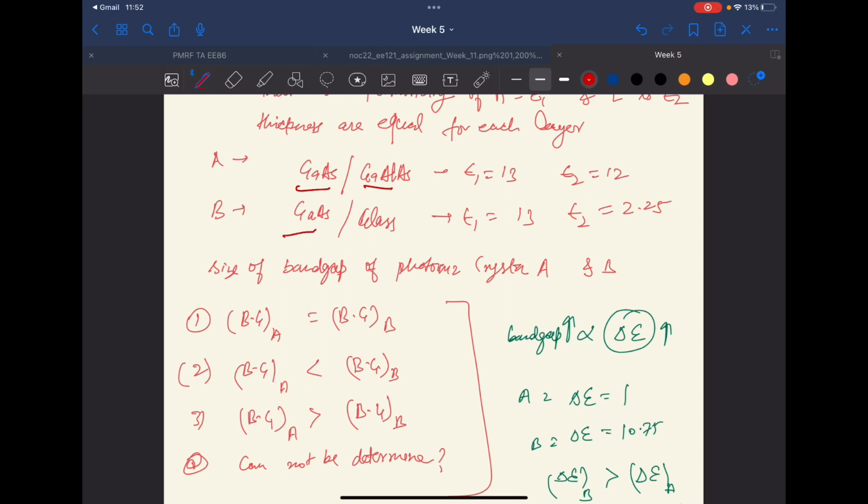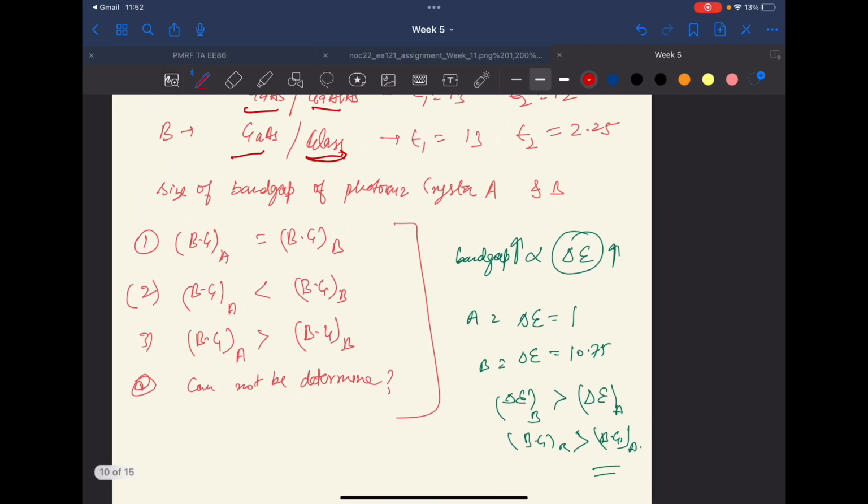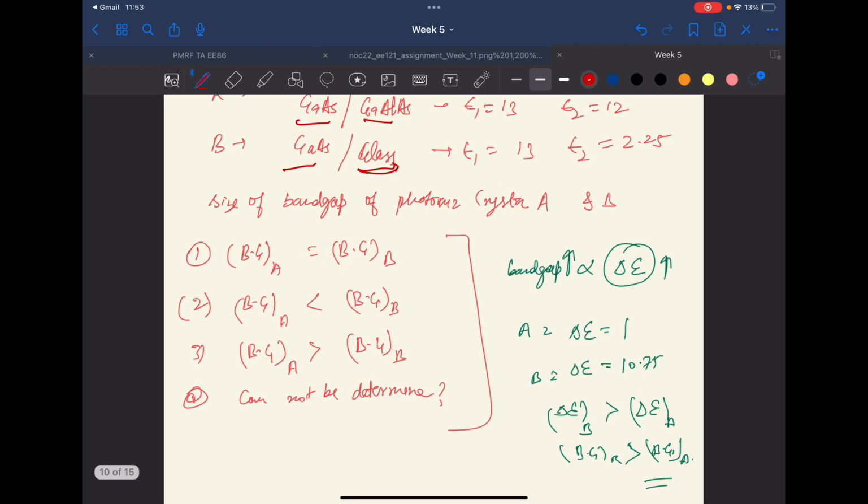Similarly, B is gallium arsenide and glass, so epsilon 1 = 13 and epsilon 2 = 2.25.